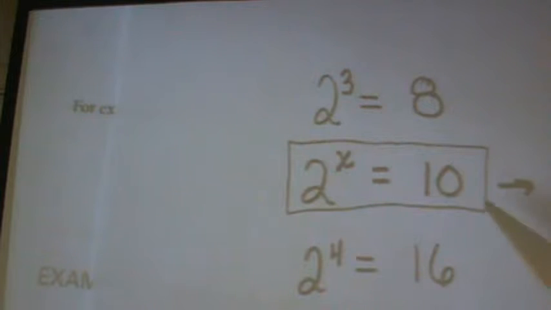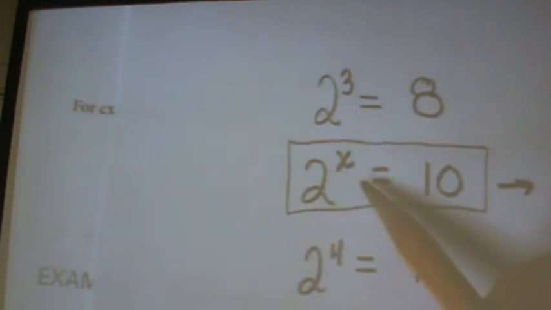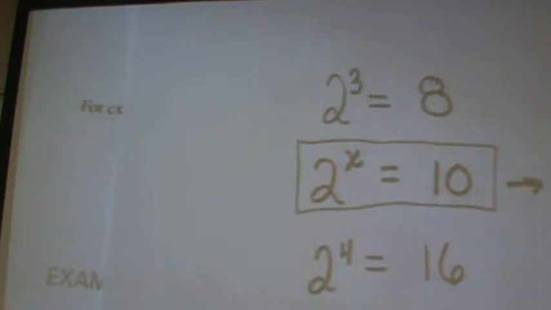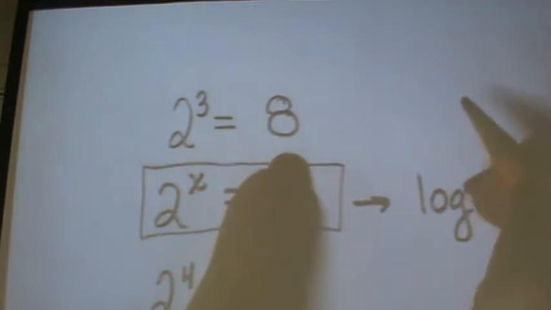So in order to figure out these types of exponential equations, you need to be able to rewrite this into log form. Remember, a log is an exponent. Just to review, how do you rewrite 2 to the third power equals 8 in log form?